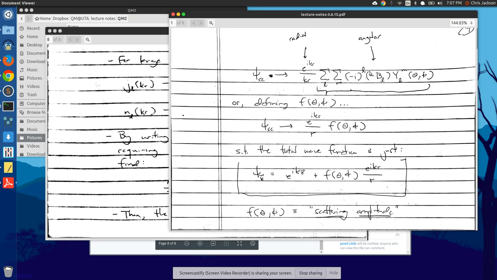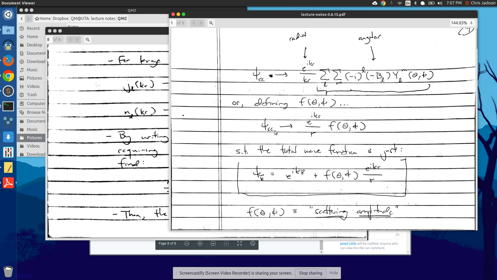And typically what's done is that all this complicated looking mess gets lumped into this nice little symbol that we call f, which only depends on theta and phi. So it only depends on the angular pieces, right? All the radial dependence is out in this piece. This is a spherically outgoing wave, okay?